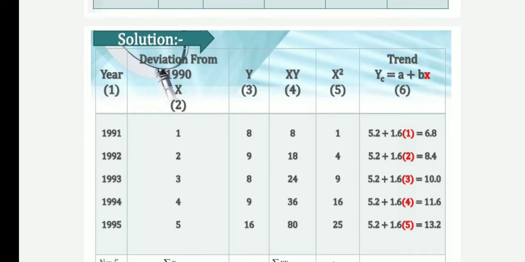So 92 minus 90 equals 2, 93 minus 90 is 3, 94 minus 90 is 4, and 95 minus 90 is 5. In the third column, the y values are 8, 9, 8, 9, 16. These are given values. Now xy equals 8 into 1 is 8, 9 into 2 is 18, and 8 into 3 is 24.